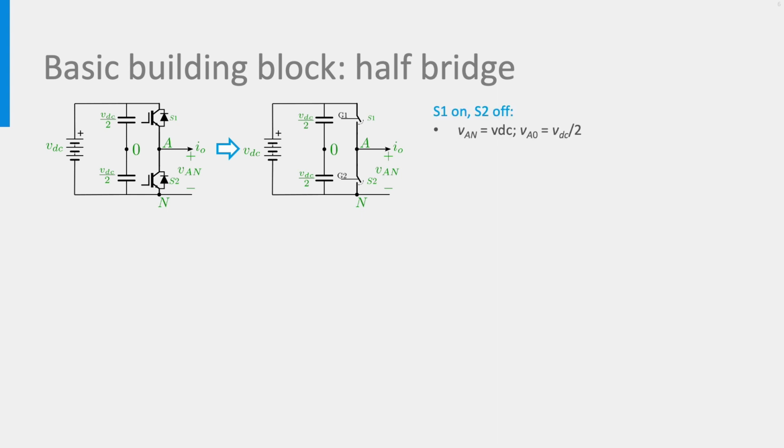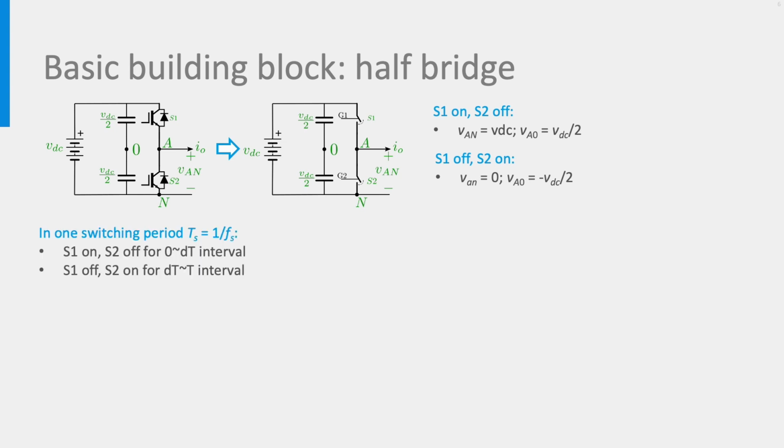When S1 is on and S2 is off, the output voltage VAN is equal to input voltage VDC, and the voltage across A and the midpoint of the DC bus VA0 is 0. When S1 is off and S2 is on, the output voltage VAN is 0, and VA0 is minus VDC divided by 2.